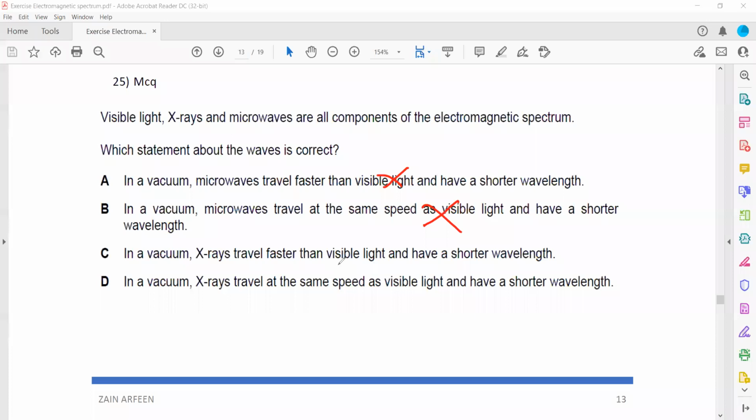In vacuum, X-ray travels faster, that is also wrong. In vacuum, X-ray travels at the same speed as visible, and X-ray has a shorter wavelength, that's true, a shorter wavelength or a higher frequency. So that's why D is the right answer.